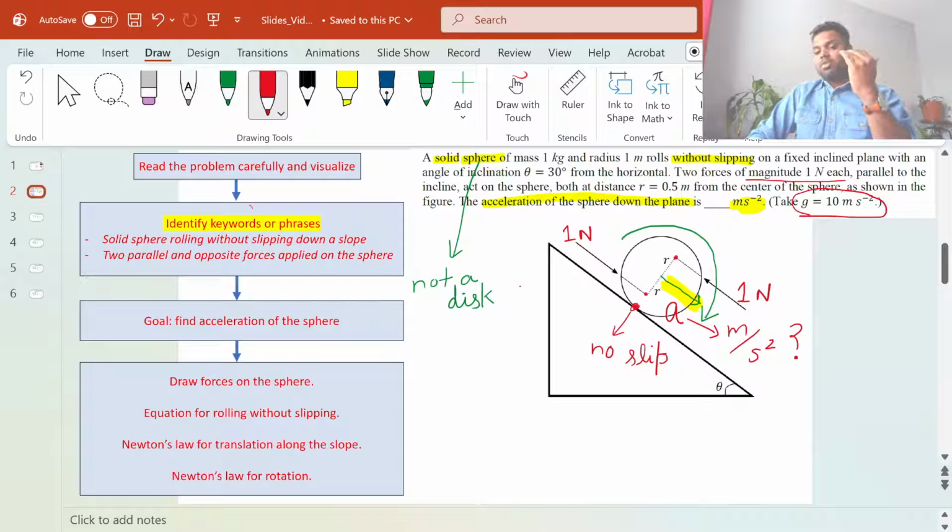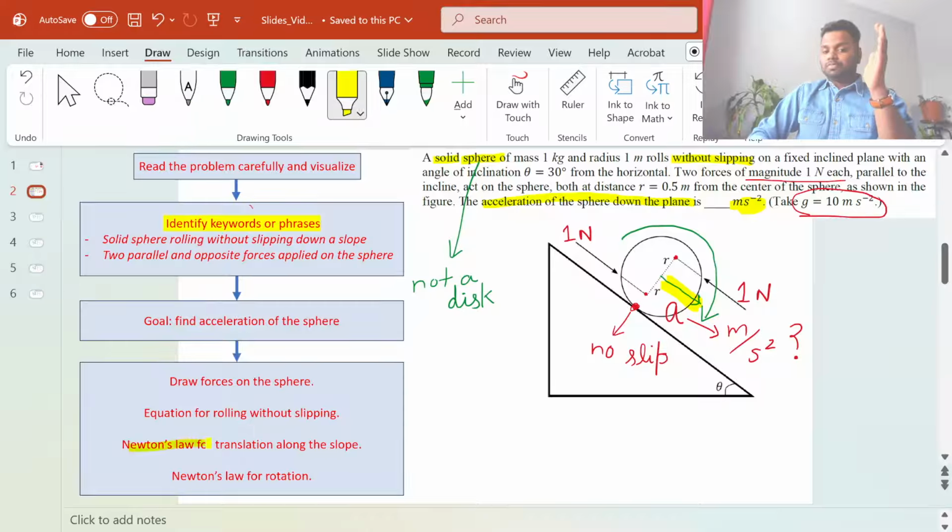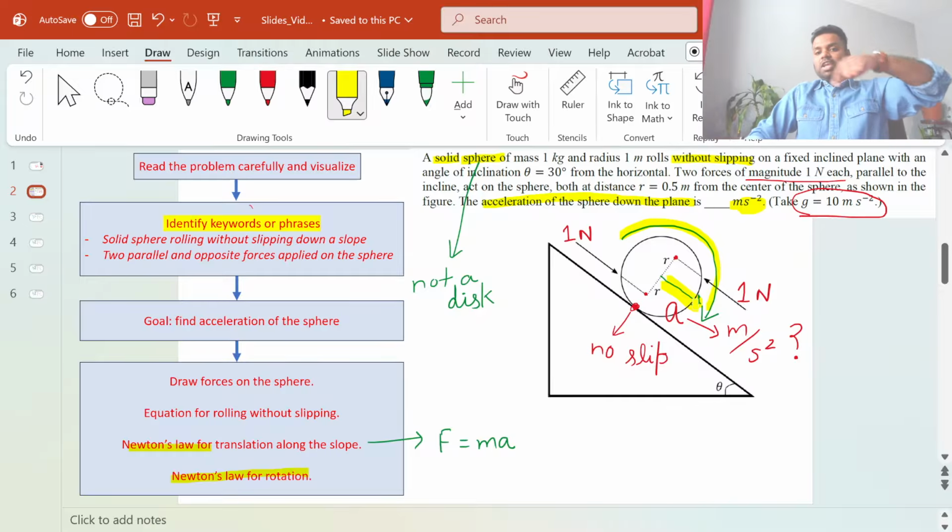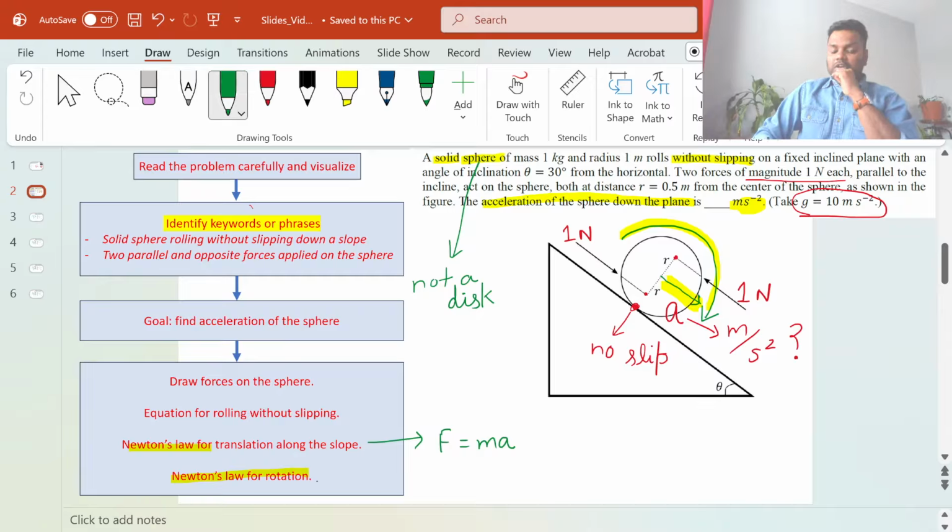When you look at this problem, you must realize, if you have done enough practice, that you have to apply Newton's law for translation. So for translation, it will be F equal to ma, and then you have to apply Newton's law for rotation. It is rolling without slipping down the slope, so for rotation, it will be torque tau equal to moment of inertia times alpha.